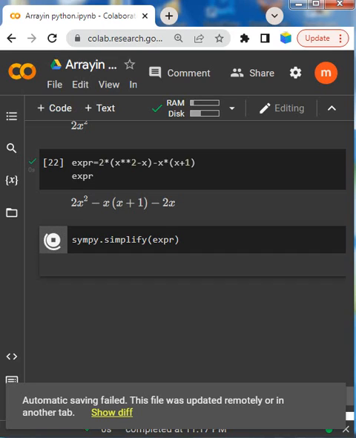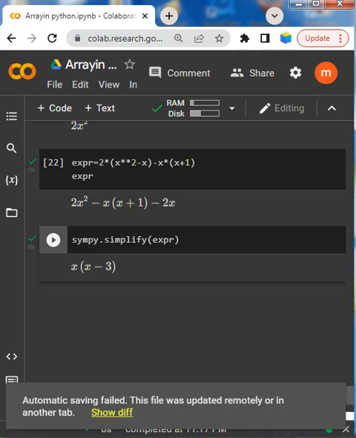If you write expr dot simplify, you get the new expression. Look here, x square, and then x minus x, so minus 3x, which you can take as a common factor. Very good expressions, you can write here.